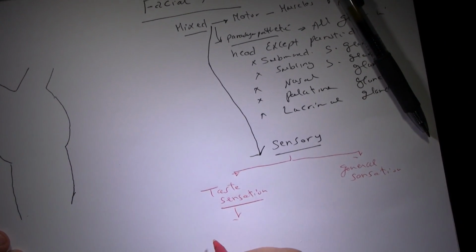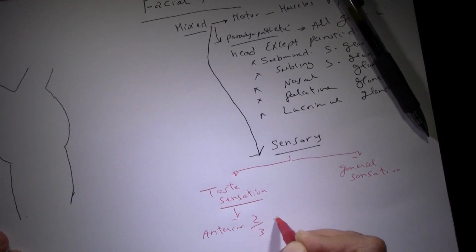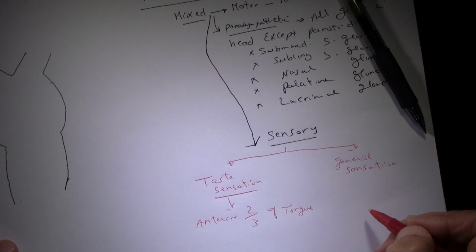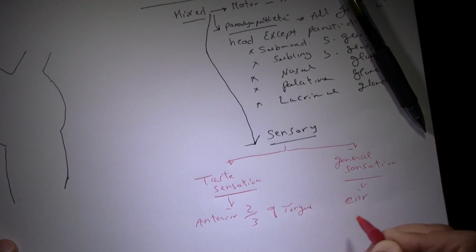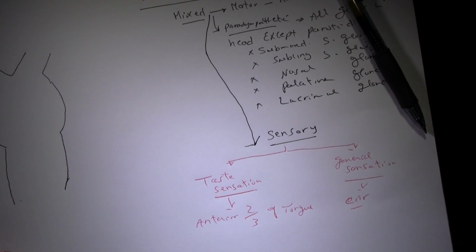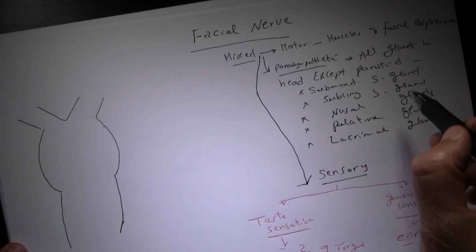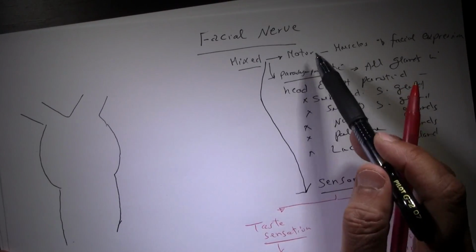Taste sensation is from the anterior two thirds of the tongue. General sensation is from part of the ear, the external ear.